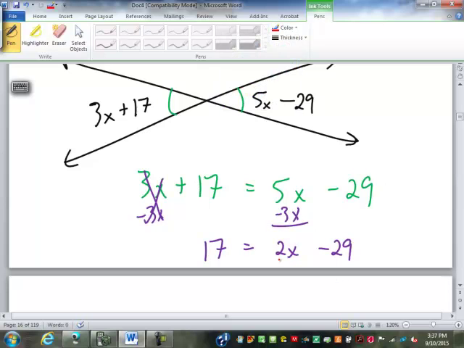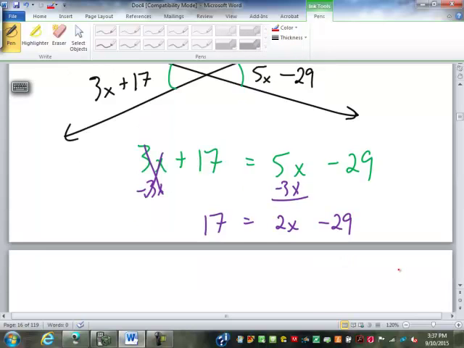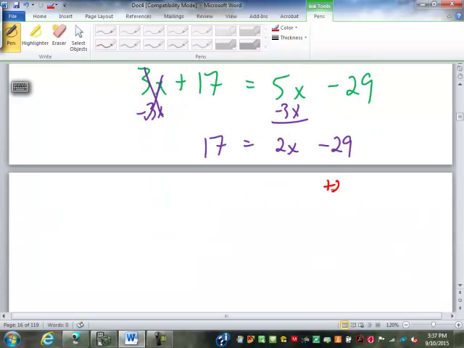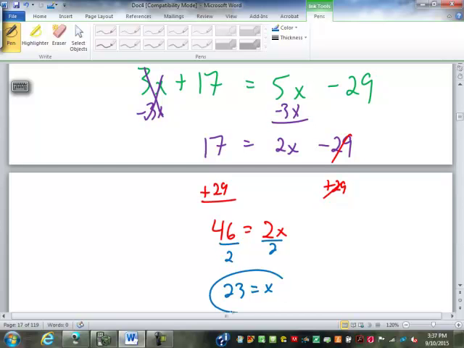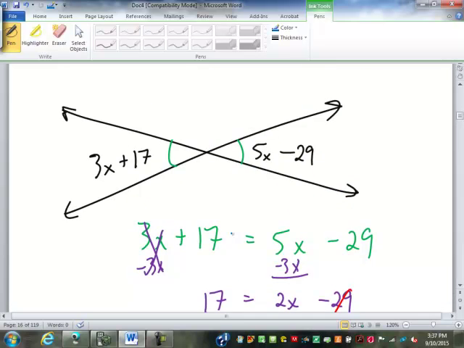Now we've got to solve for x by adding 29. 46 equals 2x, and divide by 2. So 23 equals x. All done? No, what do we got to do?